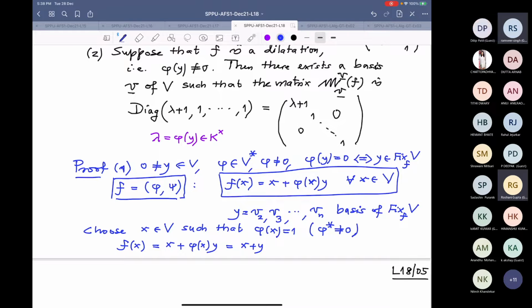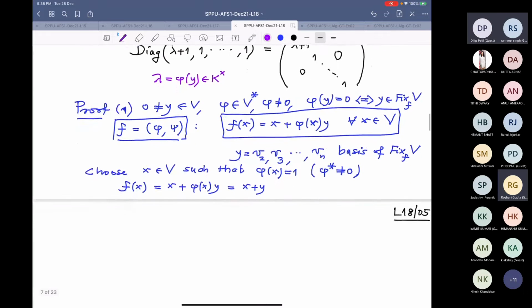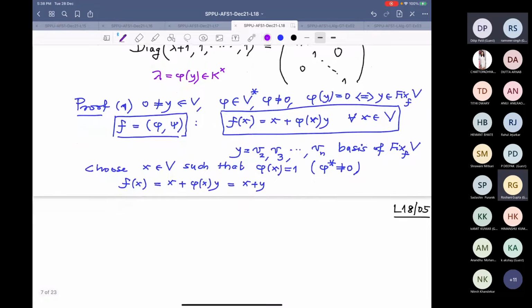Now I take that x as v1. So now consider v1 equal to x, v2 is y, and so on up to vn.